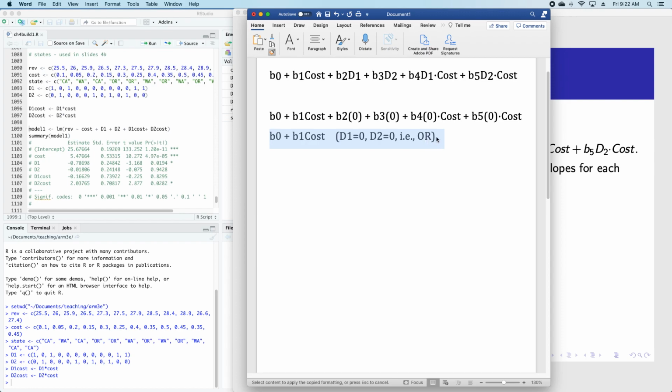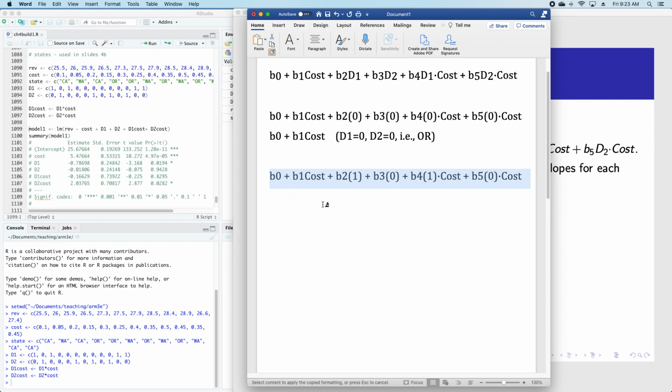What about for California? California has d1 equal 1 and d2 equals 0. So now I'm going to plug in 1 here and 1 here and 0 here and 0 here. The bits with the zeros will go away, and I'll be left with b0 and b1 cost and b2 and b4 cost.